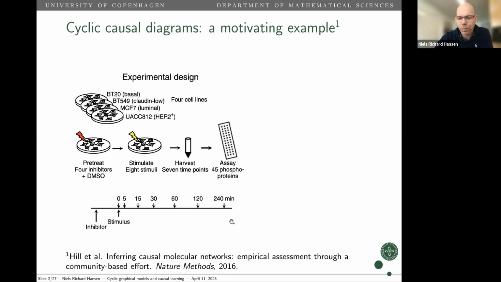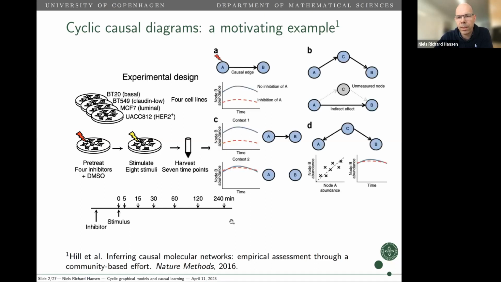In this paper, there is a nice illustration using causal diagrams to explain some of the fundamental aspects of causality. If you do an intervention on some node, and in this case this is a protein abundance, so if you, for instance, knock down a protein abundance, how should downstream proteins that depend on this react? If there's a causal edge, then you should see an effect of this intervention. But if there is no causal edge, you shouldn't see an effect.